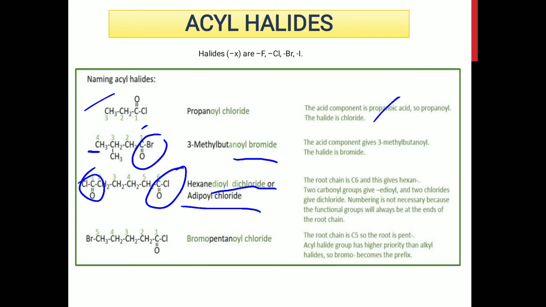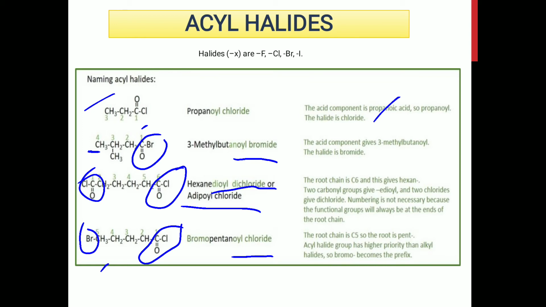Now look at the fourth structure. We have one acyl halide group and one halogen only, that is bromo. So bromo will become the substituent and the acyl halide will become the functional group. Here we have 5 carbons, so the parent alkane will become pentane, and the suffix of acyl halide will give oyl chloride.